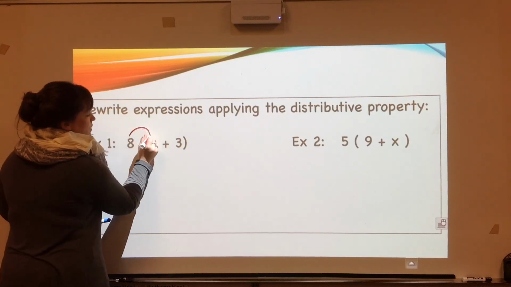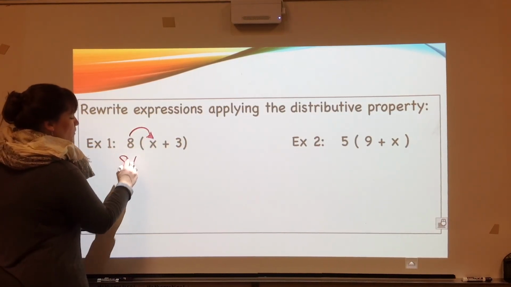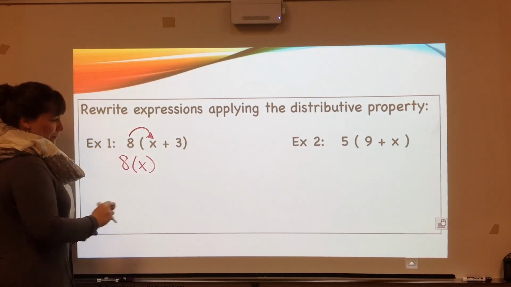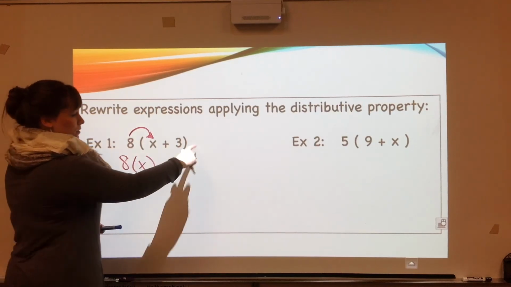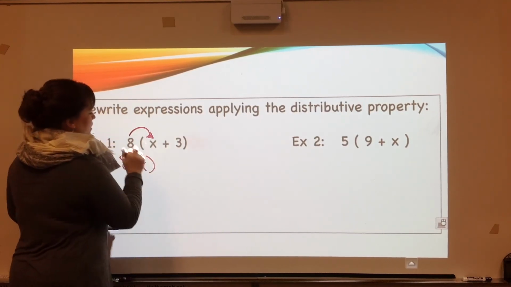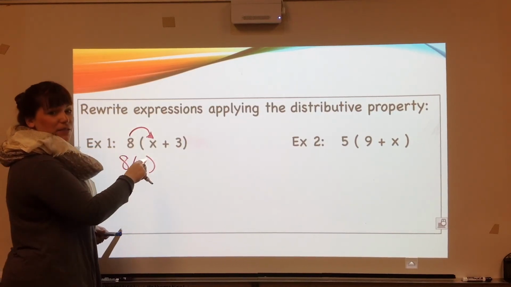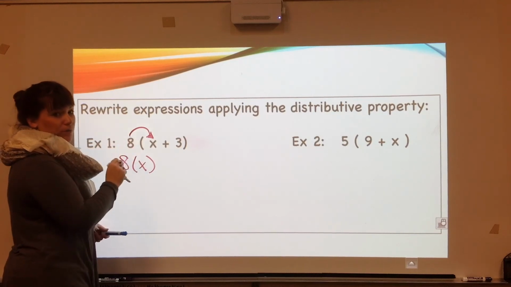So first you have to pair the 8 with the x. And we are always multiplying. Any number sitting to the left or right, the 8 could be over here, but it's not. Any number sitting to the left of a parenthesis doesn't have an operation showing right here, but it is multiplication.